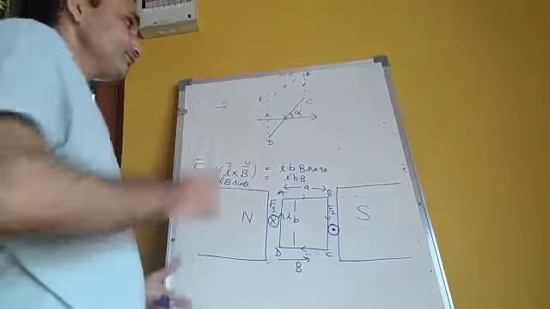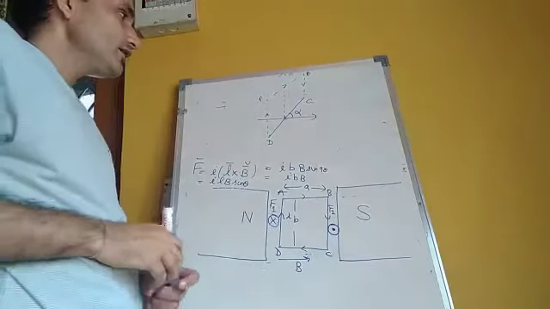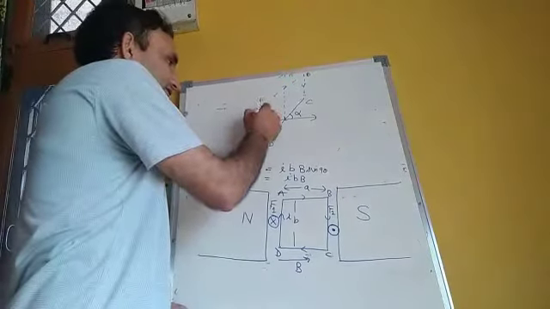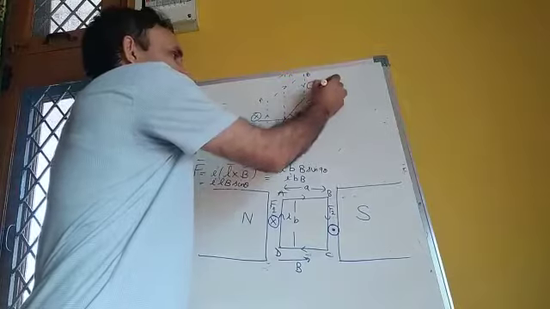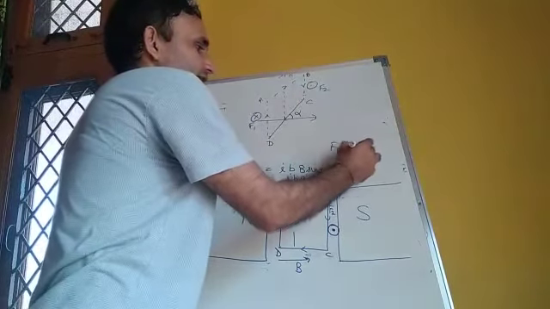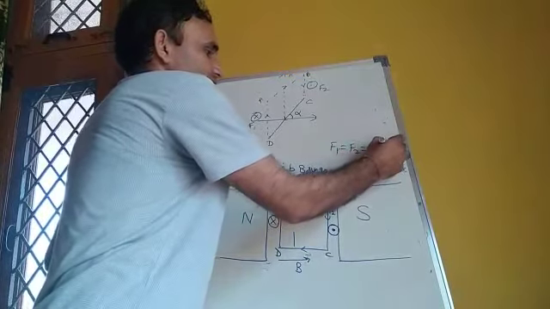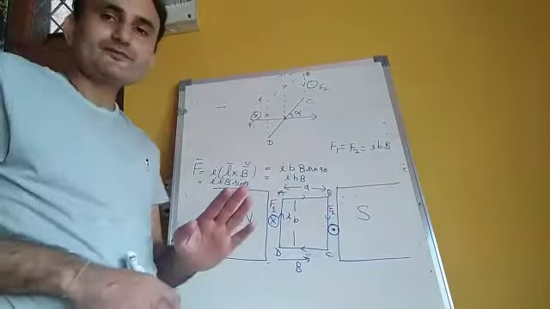Now here one force is acting and here another force is acting. This is F1 and this is F2, both have same magnitude. F1 equals F2 equals IlB. Both have same magnitude.